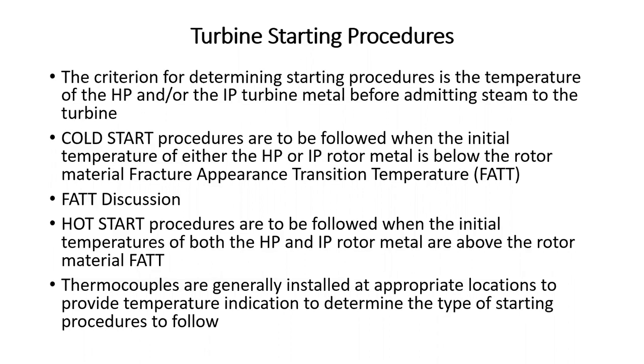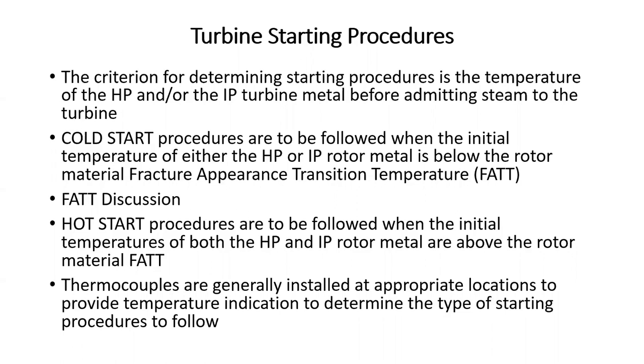It's like you take a piece of taffy and you pull it for a while until it finally breaks apart, versus a cleavage type fracture. If you drop a piece of glass and it just shatters, it's very brittle, you get the cleavage type. So the temperature at which we get 50% ductile, 50% brittle is called the 50-50 FATT, and that's typically what's used in this discussion on turbine rotors.